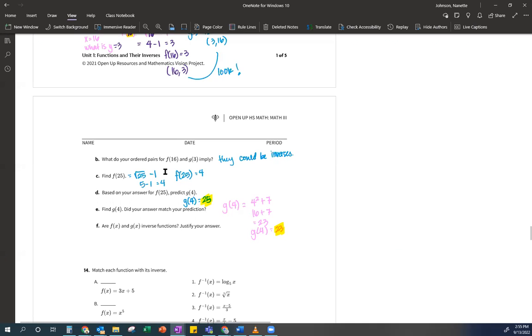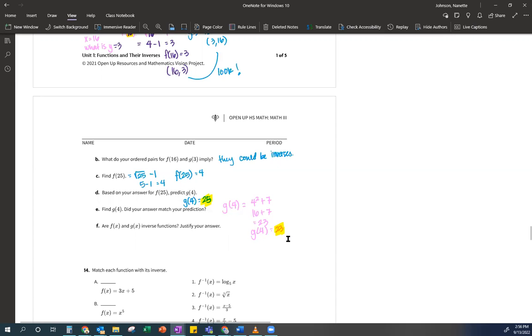Here, it looked like they could be inverses. And then you get over here and you're like, oh, they're not inverses. Because if they were truly inverses, every point would be flip-flopped to get the other point. So this 4, 25 would be flip-flopped to be 25, 4, and that's not true.